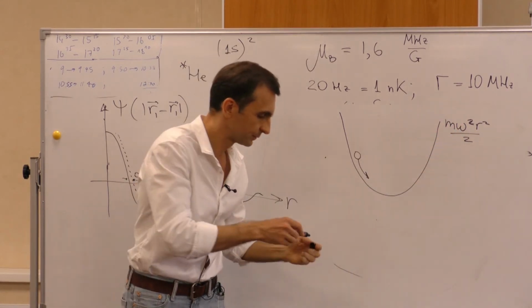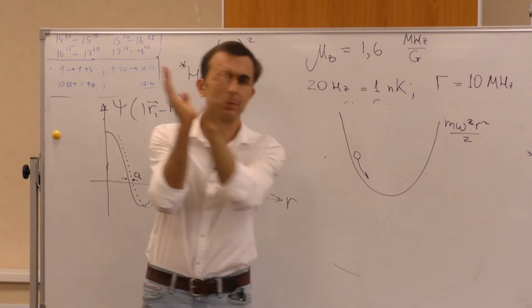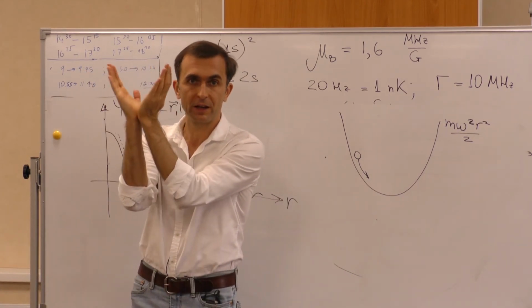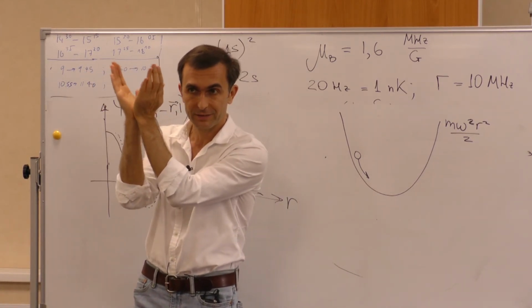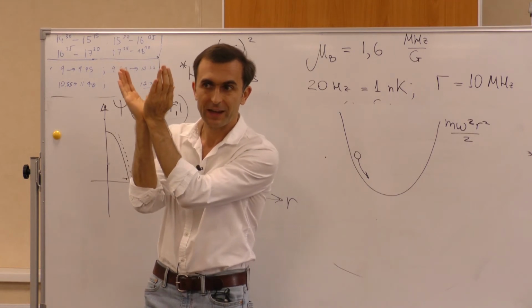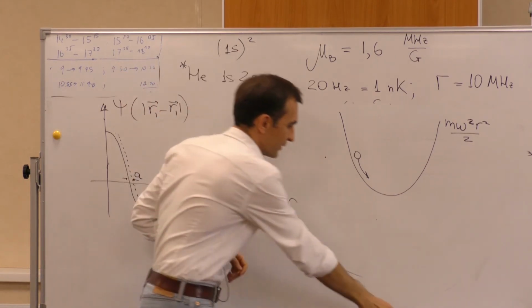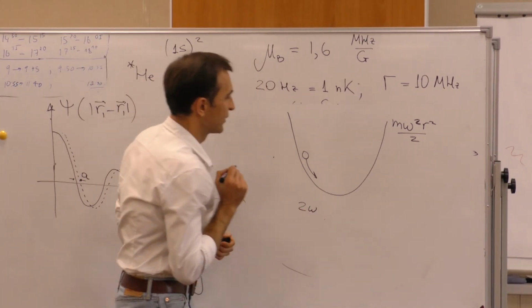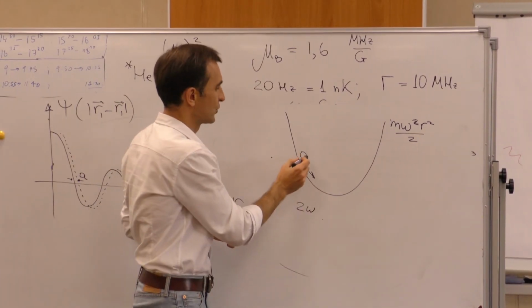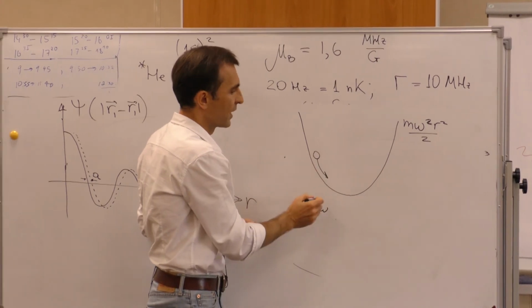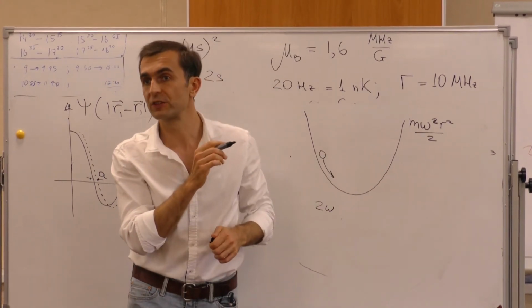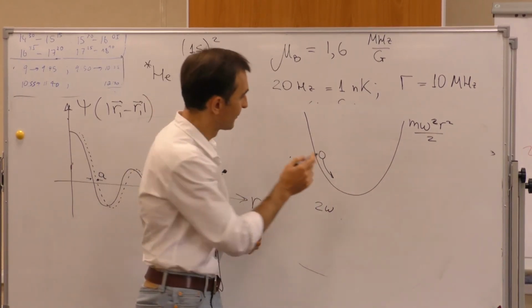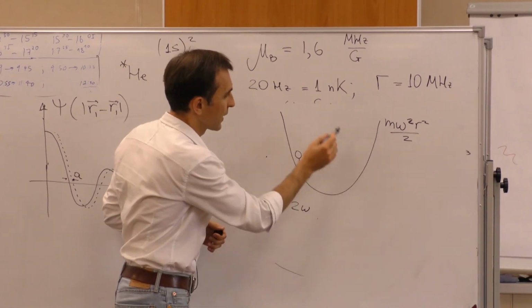It means the trap is opening up and closing like this. And if this instability is at frequency 2 omega, there is a parametric resonance which transfers energy from oscillations of the trap walls to the motion of these trapped particles.